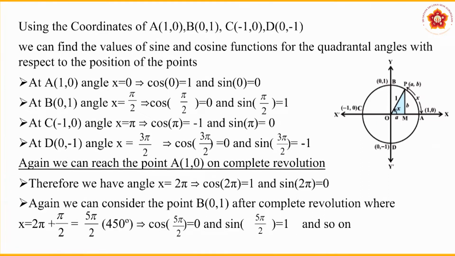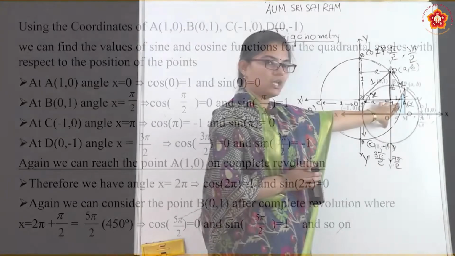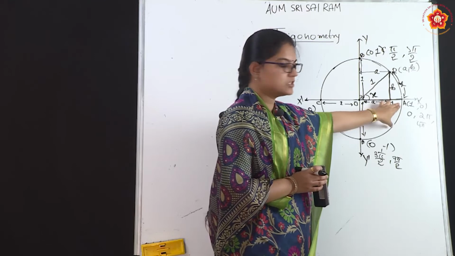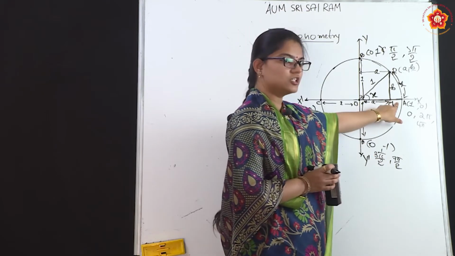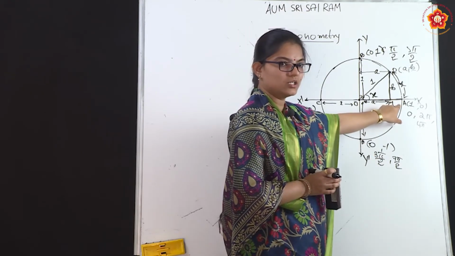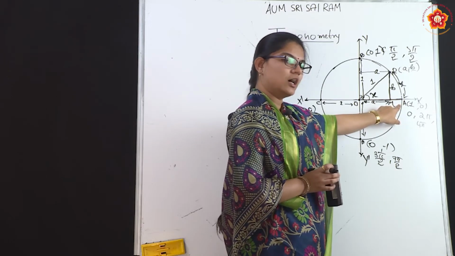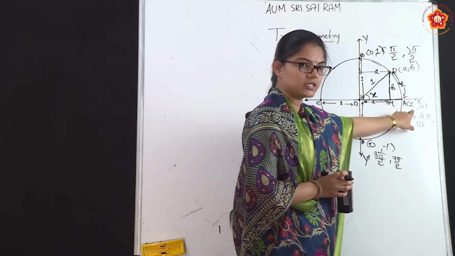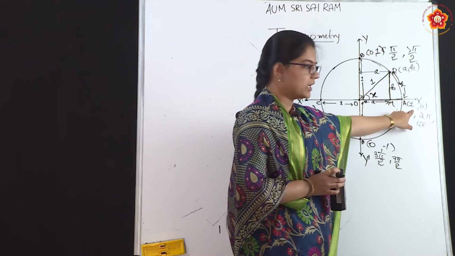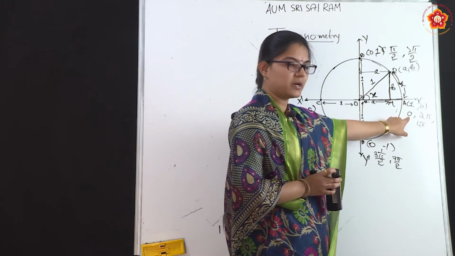We can observe here that the point A which we are using is not only for the angle 0. We are able to use it for other angles which come here, that is 0, 2 pi, 4 pi, 6 pi, likewise.